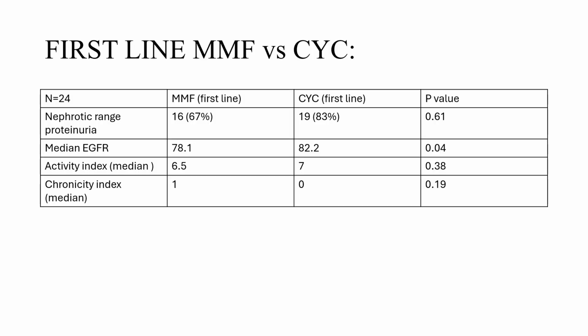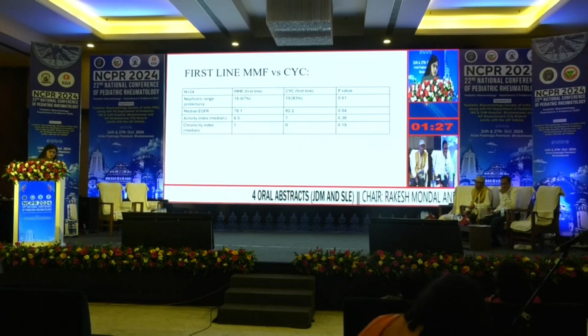We did a small preliminary analysis because the treatment was very individualized. Amongst MMF and cyclophosphamide, in comparison of severity of findings, we did not find any difference in severity of nephrotic range proteinuria, median eGFR, activity index or chronicity index in terms of choice of therapy as first line.